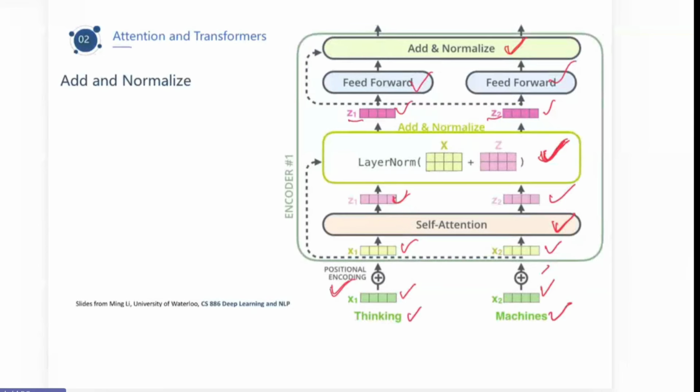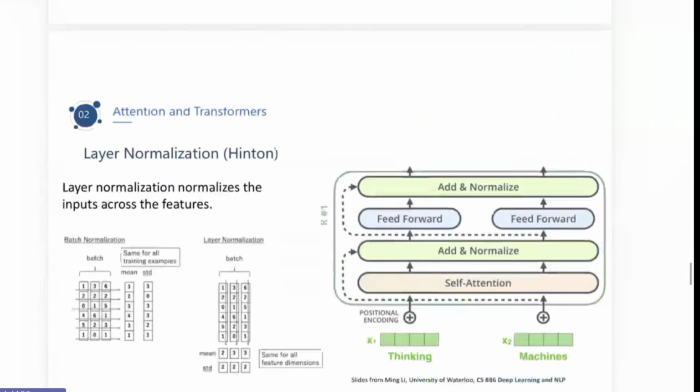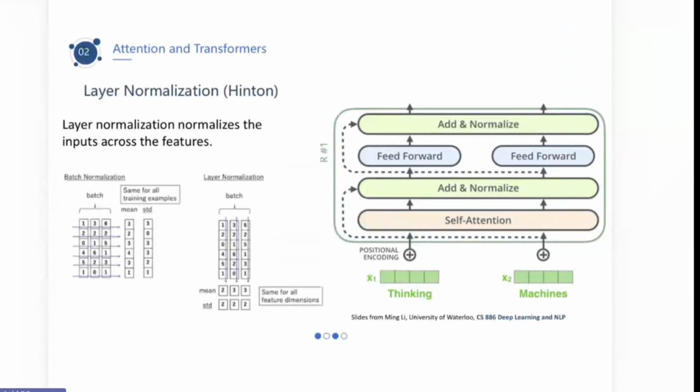see normalization. In the transformer, we do layer normalization, and this method was given by Hinton. When he was giving a lecture, he explained it in that lecture. There is no paper for this.